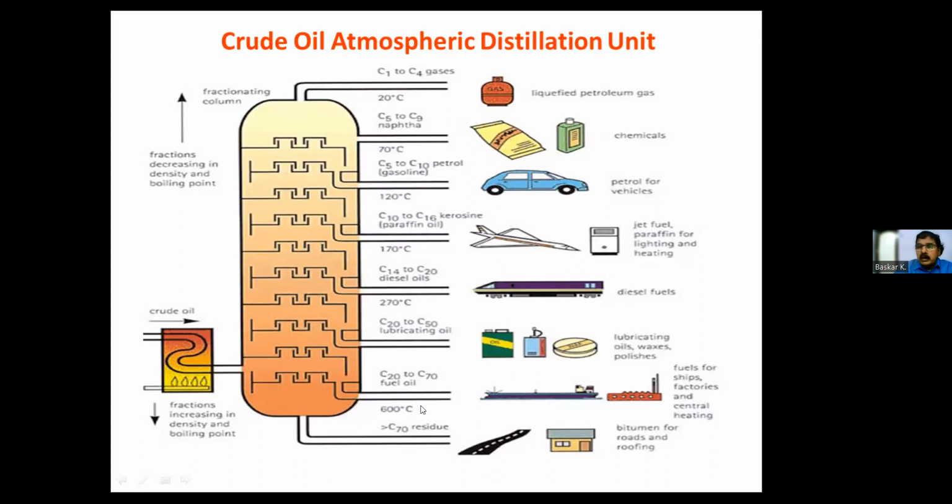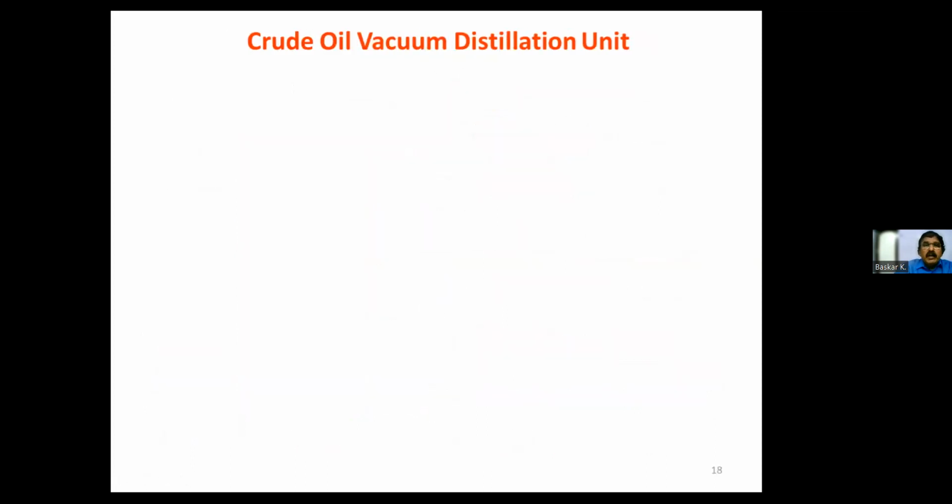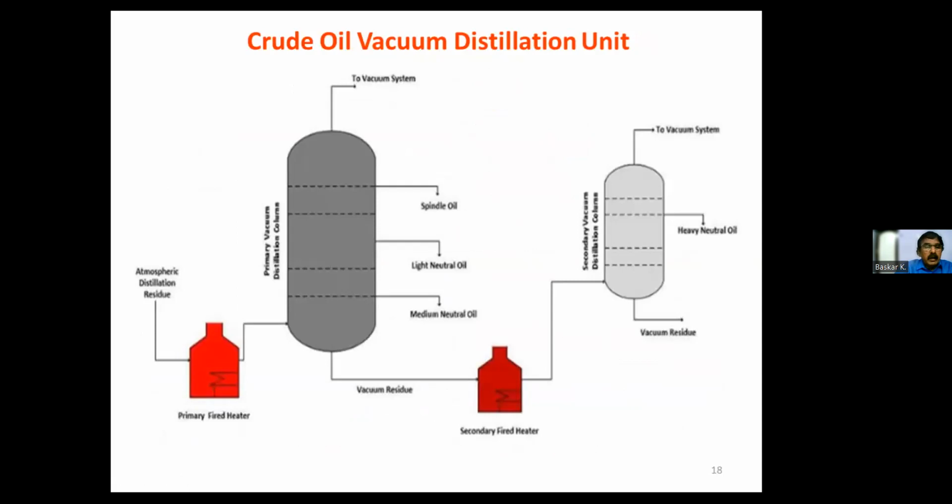But then distillation also will not take place, right? So we have a solution. Instead of keeping atmospheric pressure, we use a vacuum distillation unit where vacuum is maintained. When vacuum is maintained, the boiling point of the heavier ends comes down, which is operable and safe for the operation.